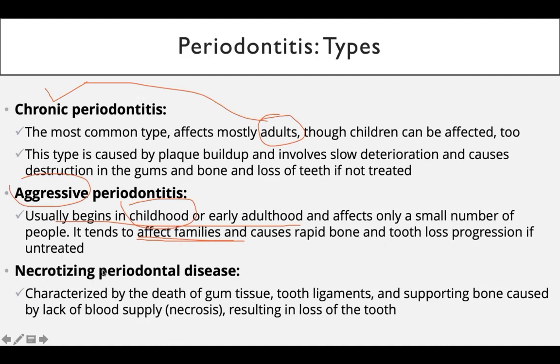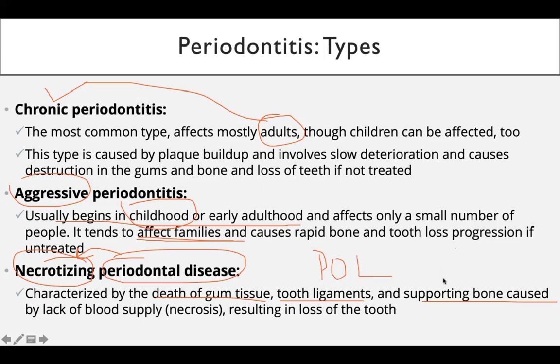Necrotizing periodontal disease is characterized by the death of gum tissue. Because of necrosis, right? Necrosis is the death of the tissue. So death of gum tissue, tooth ligament and supporting bone structure. The whole periodontal tissue gets necrotized, which includes the gum and the ligament. Which ligament? Periodontal ligament.